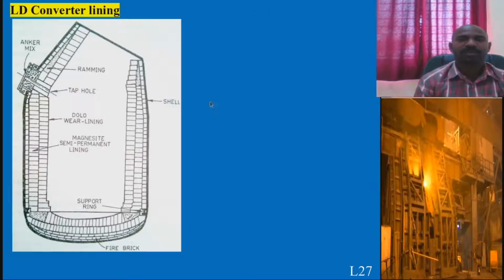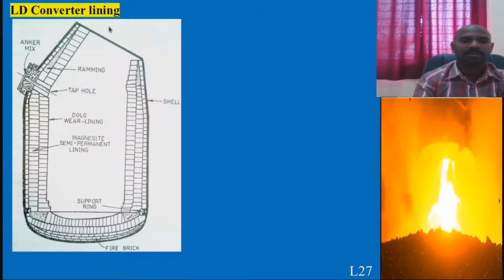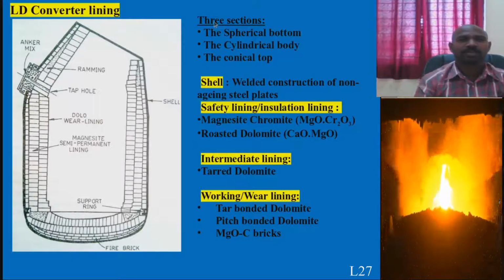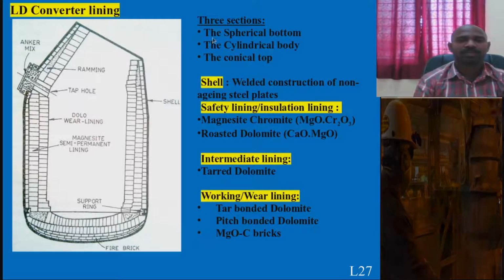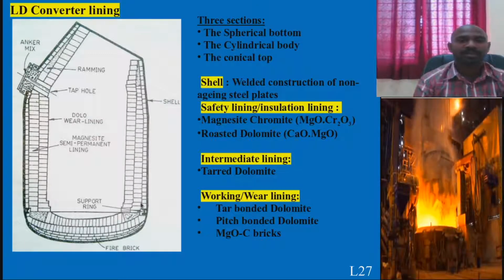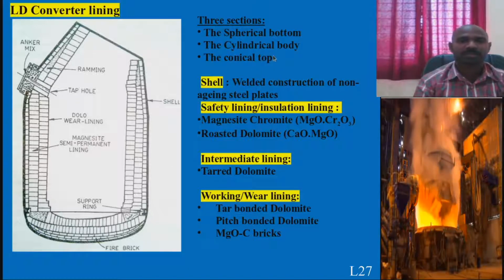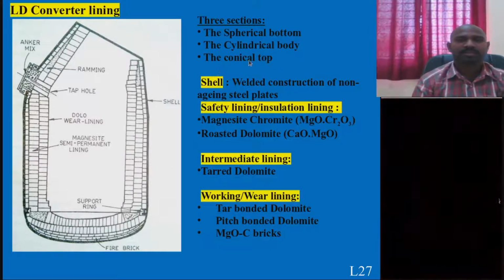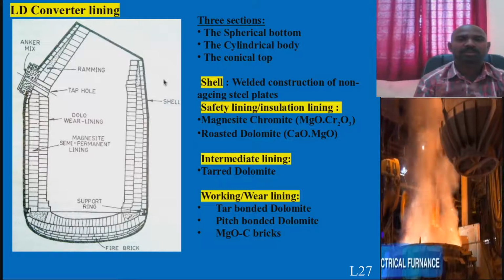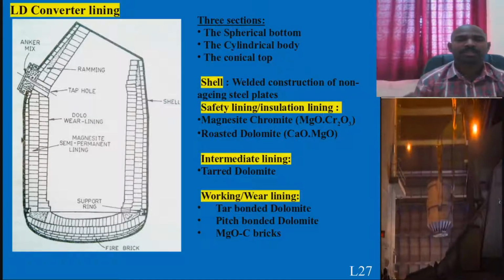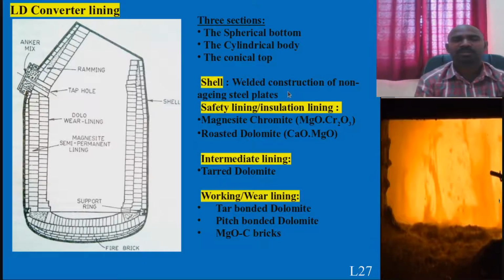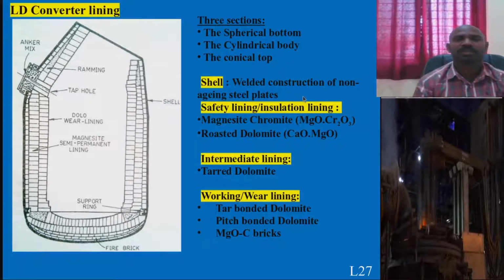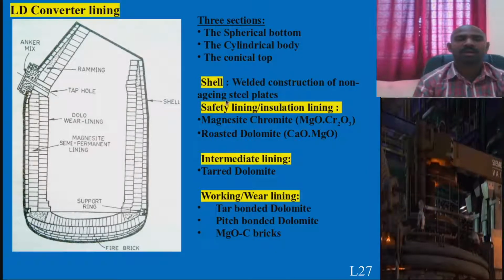And this talks about the LD converter lining, which is nothing but refractory lining. The basic division of the LD steelmaking vessel is the spherical bottom, cylindrical body and conical top. The entire outer part of the LD shell is made with a combination of welding and non-aging steel.